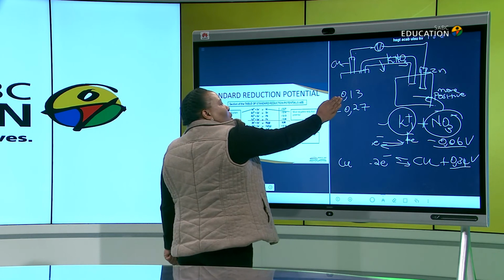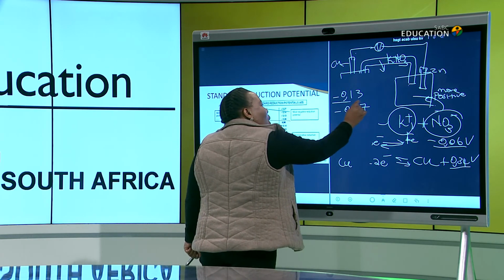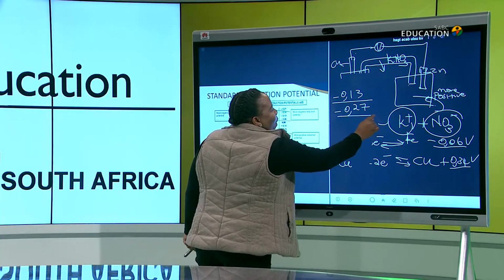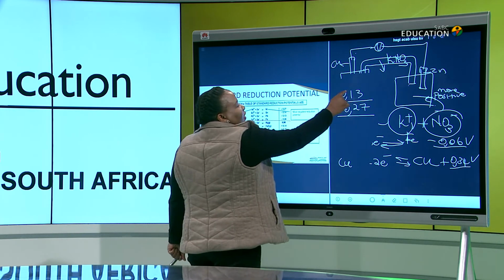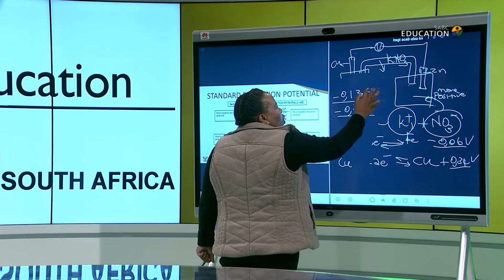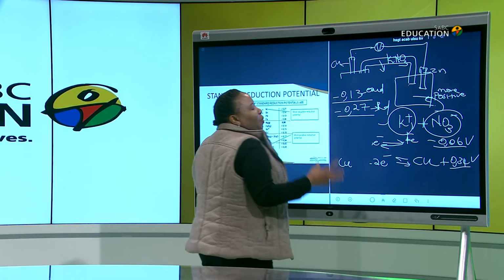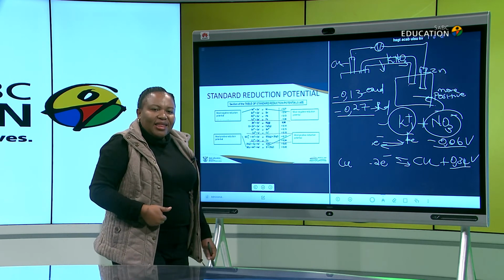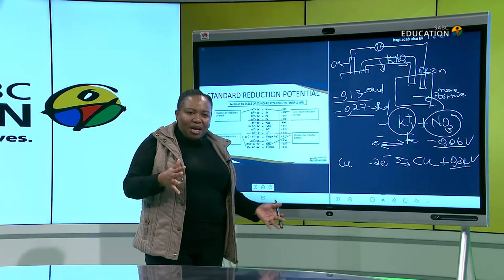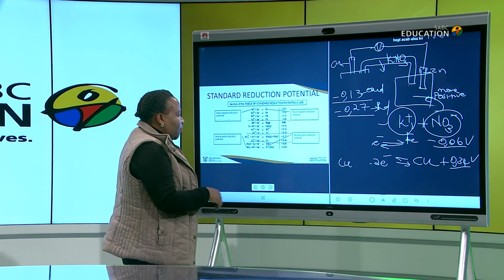When you compare 0.13 and 0.27, you can see that 0.27 is the bigger negative, meaning that if these are the potential values of two half cells, this one will undergo oxidation and this one will undergo reduction, because the bigger the negative number, the smaller the number is. The bigger the positive number, the bigger the number is. That is the difference between positive and negative, understanding it from the mathematics perspective.